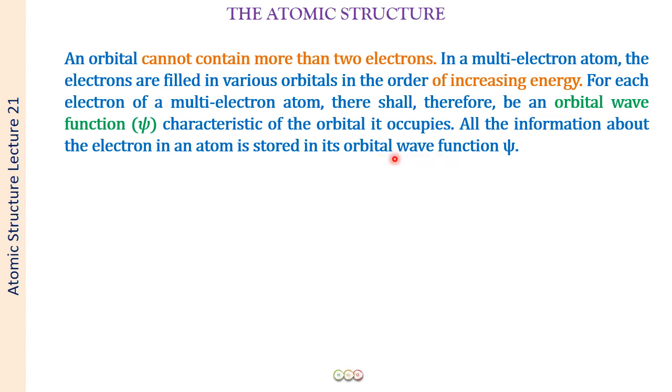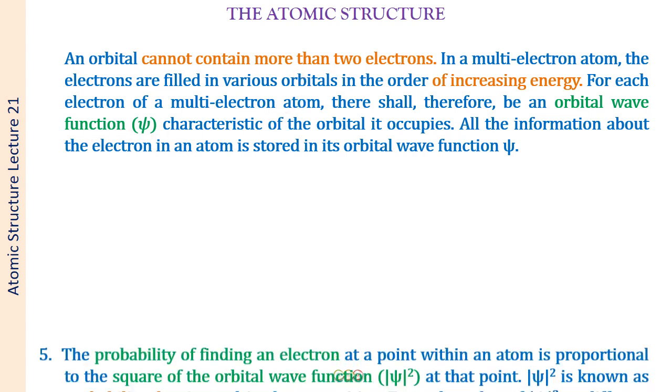Okay, so we are not going to understand what these wave function values are, but whatever orbitals we get, the electrons are filled into these orbitals according to increasing energies, and in one orbital there are not more than 2 electrons. That is all we get from these values of psi.